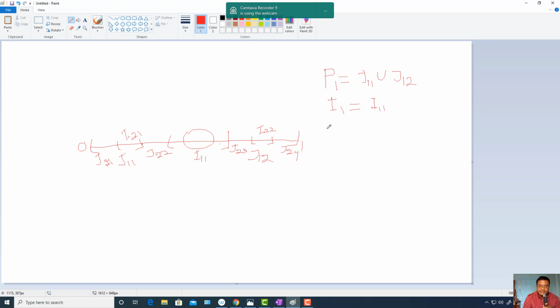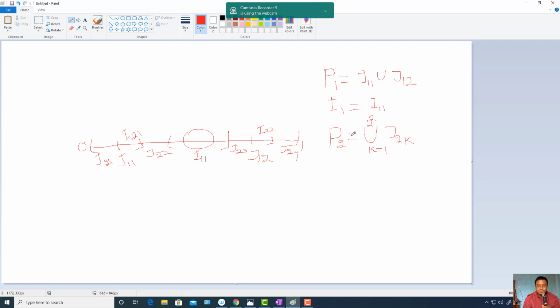So in the second step, your P2 is equal to the union of 4 closed intervals. You take k running from 1 to 2 to the power 2, which is 4, of J2k.